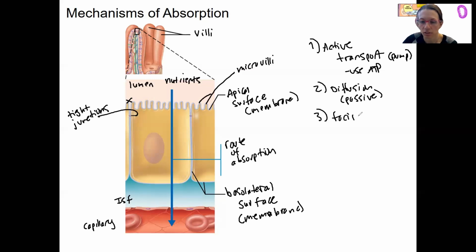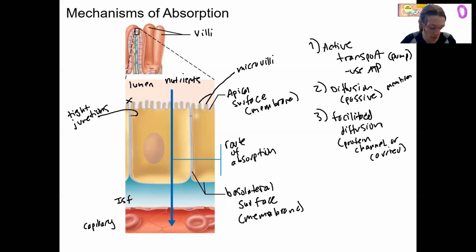Facilitated diffusion. What does this mean? This means we're still doing diffusion, but we're not just going through the membrane. We have a facilitator, a protein channel or carrier. This is through the membrane. Phospholipid bilayer, I'm actually going to say.